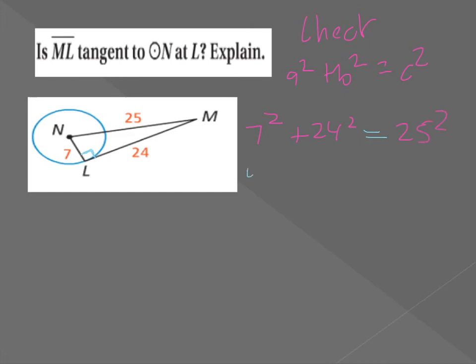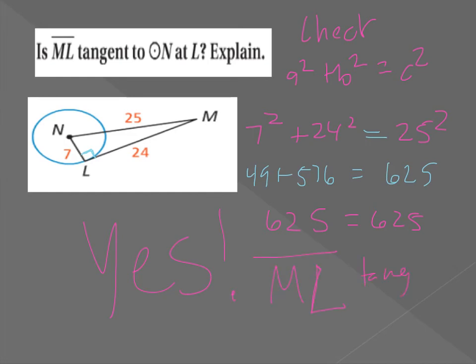So I get 49 plus 576 is equal to 625, and I add those together, and I get 625 is equal to 625. So yes, MN or ML is going to be tangent to circle N.